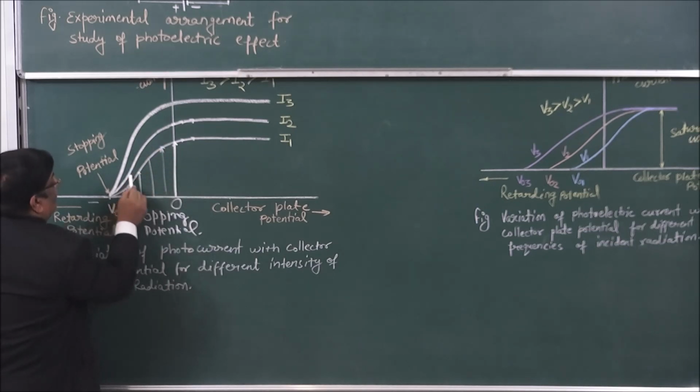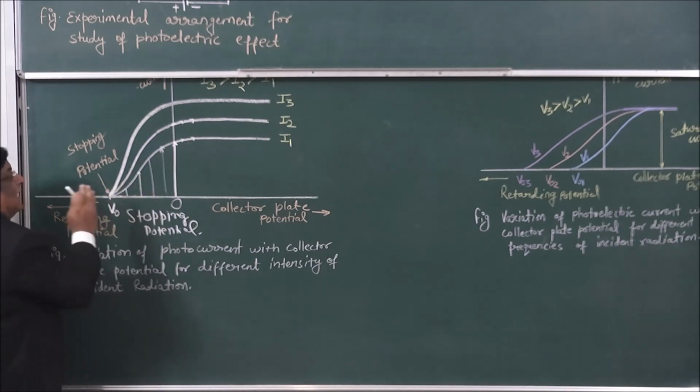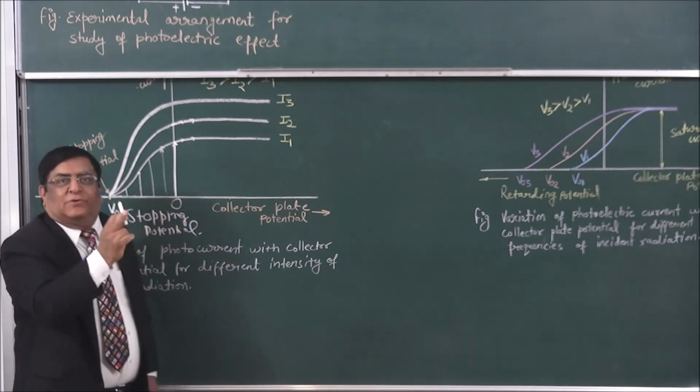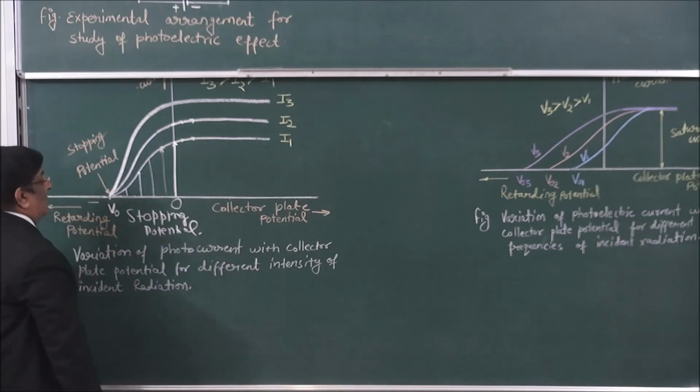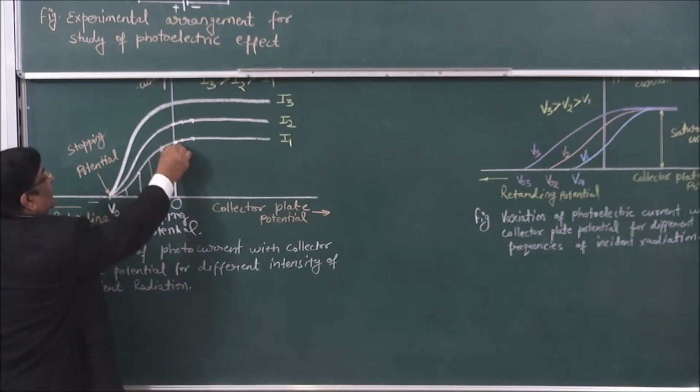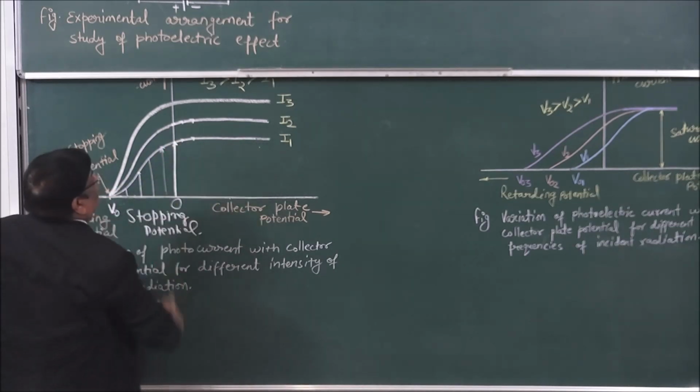At a particular negative voltage, the current becomes 0, the last electron is also stopped. But what we find is that it is the same potential that was used for intensity 1.